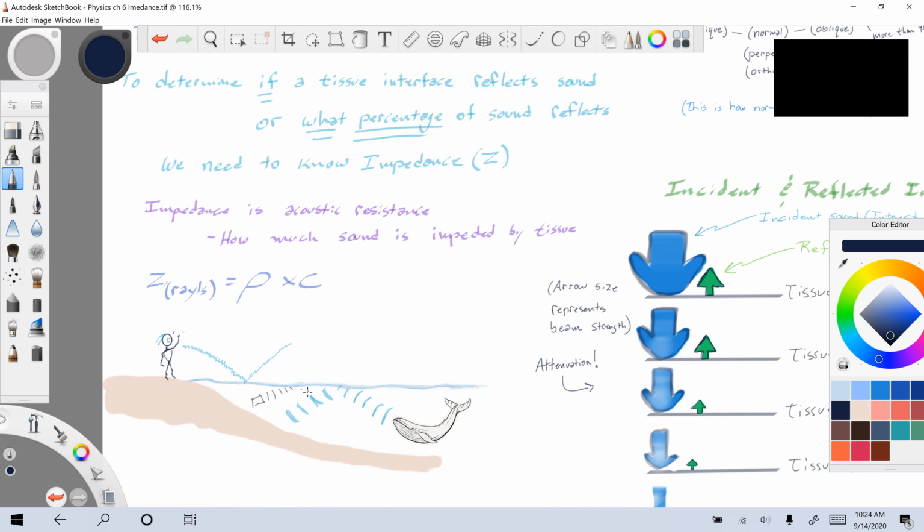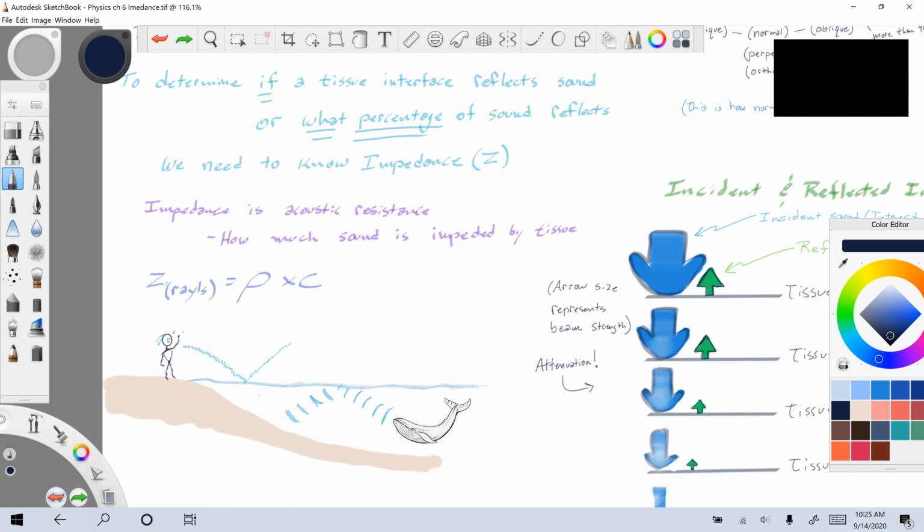There's an angle at which 100% of the light reflects, and so rather than the beam continuing out of the water, it will simply stay inside the water and reflect. So light does a very similar thing.